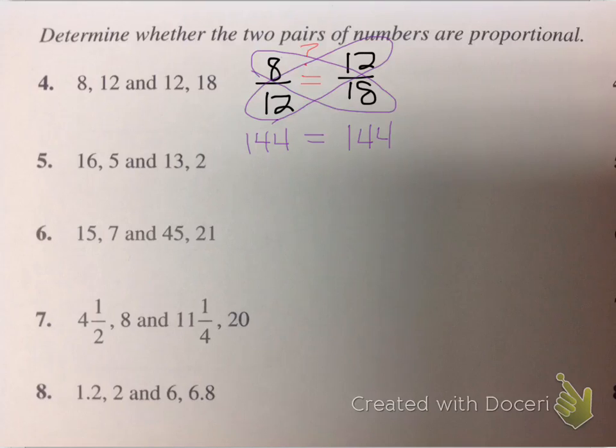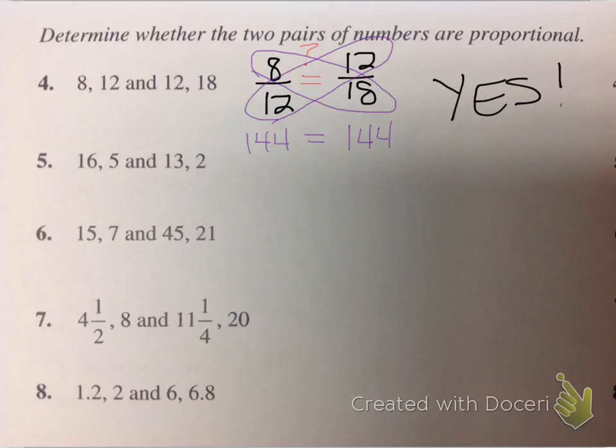So since my cross products are equal, then my ratios of 8 to 12 and 12 to 18 are proportional. So probably the easiest way would just be to say yes, they are proportional, primarily because their cross products are equal to one another.